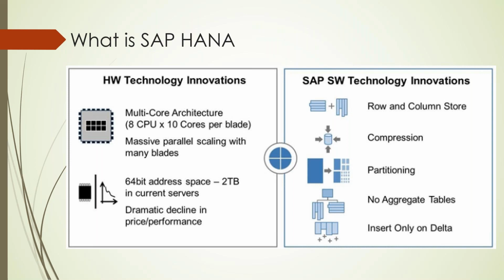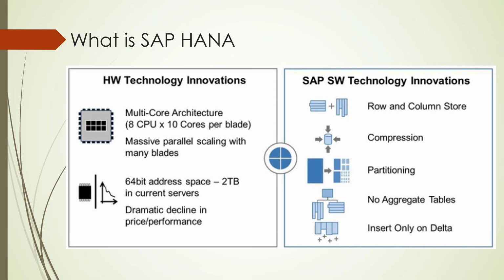So a lot of innovation is happening on the hardware side. For the HANA database, we have to make sure that the CPU is multi-core and that there is a 64-bit address space for the RAM. So all the hardware for the HANA database comes with a multi-core architecture and a 64-bit address for the RAM. This is the minimum requirement for the hardware side.